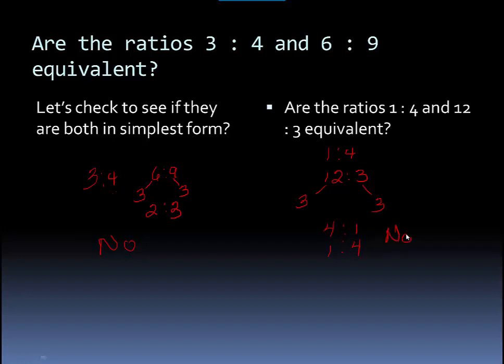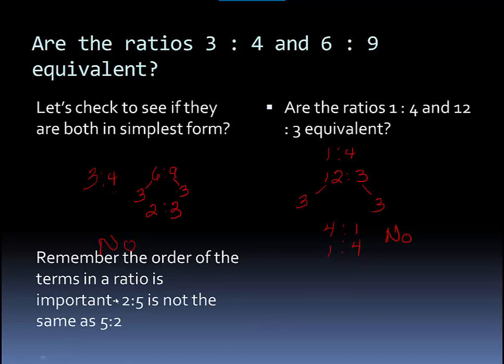No, these are not the same. Remember, the order of the terms in the ratio is important. 2 to 5 is not the same as 5 to 2. The terms must be the same.